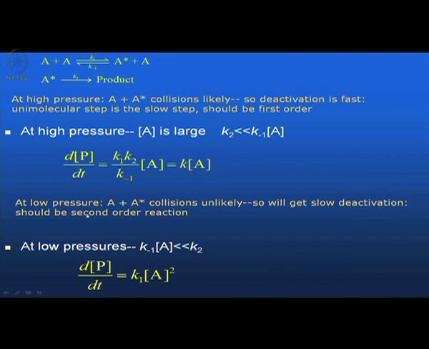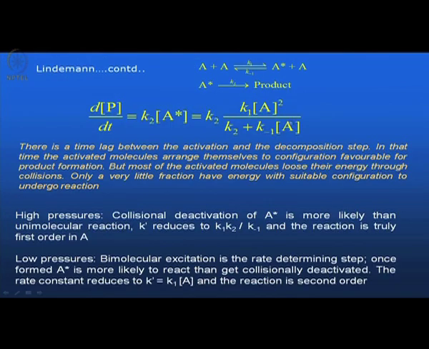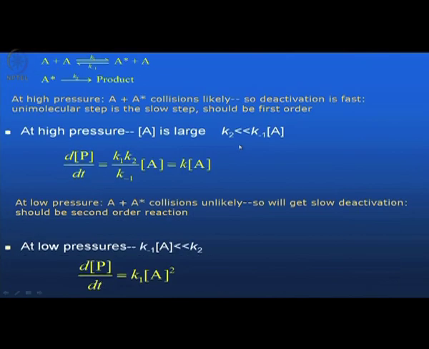Okay. At low pressure, A plus A star collision is unlikely. So, this collision is unlikely. It will get slow deactivation, and the starred molecule gets more time. That means this expression has a smaller value compared to K2.